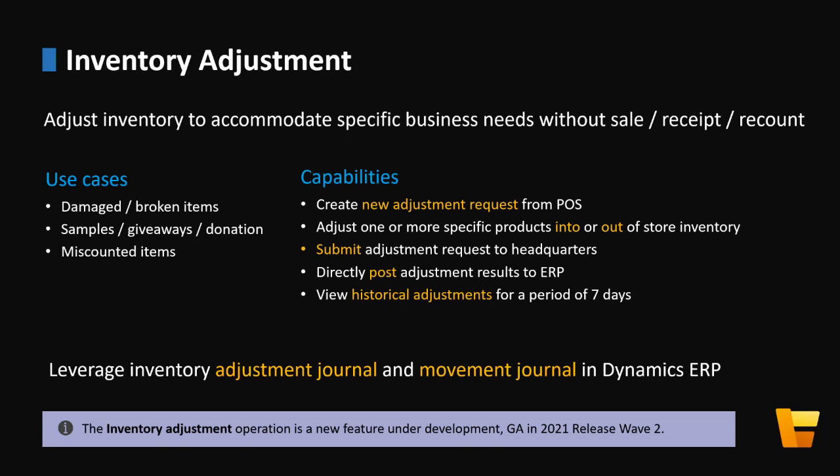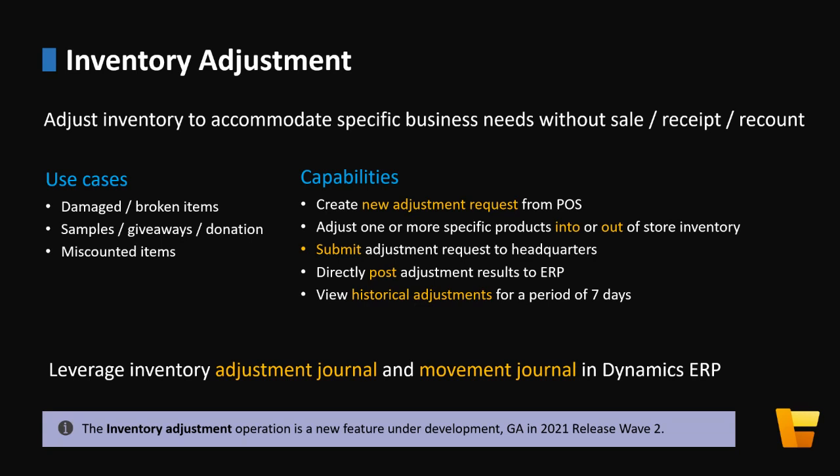For example, deduct the damaged or broken items from the stock that is available for sale, or use some items as samples, or donate a certain amount of items where inventory deduction is not classified as a standard sale. Or you might just want to quickly correct some miscounted items to avoid performing a full cycle counting.